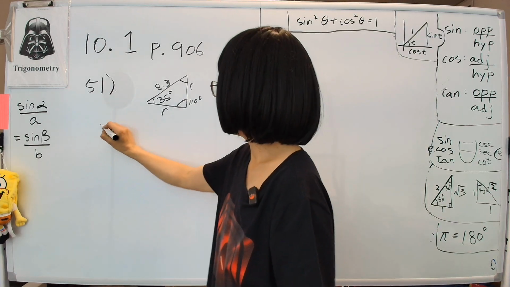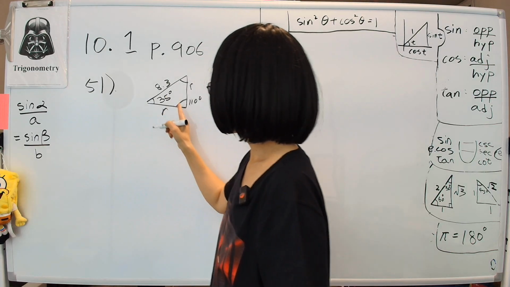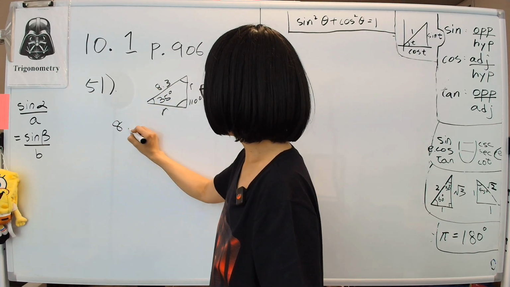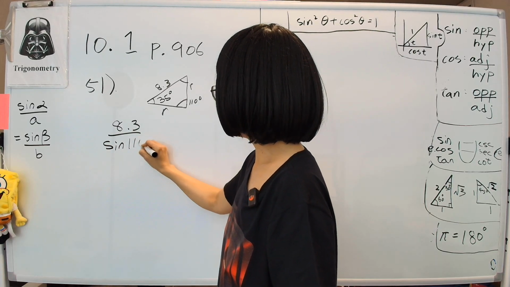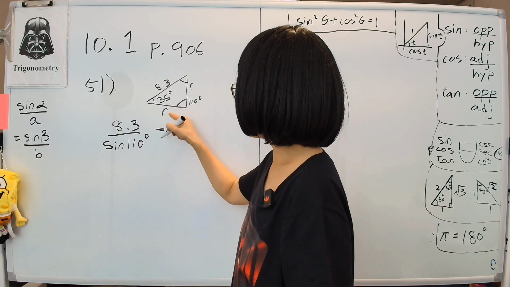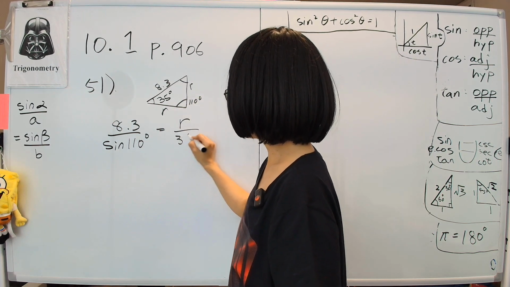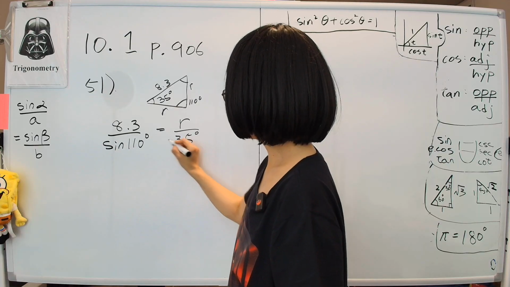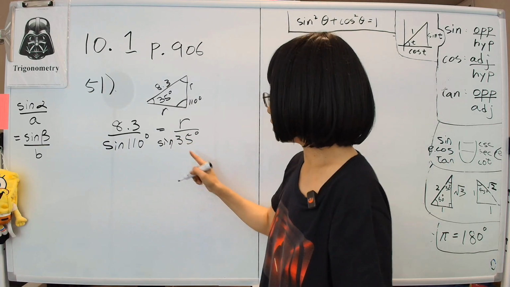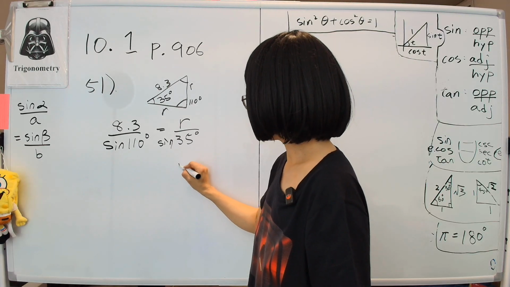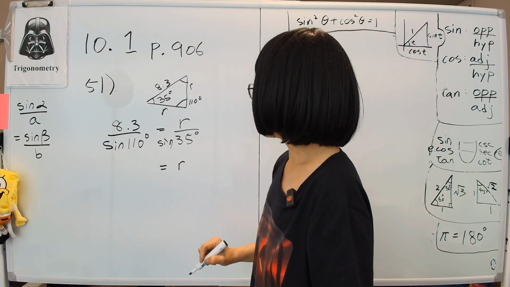So flipping the law of sine around, which is still the law of sine, we'll have 8.3 divided by sine of 110 degrees equal to r divided by sine of 35 degrees, which means r equals this stuff times the sine of 35 degrees.